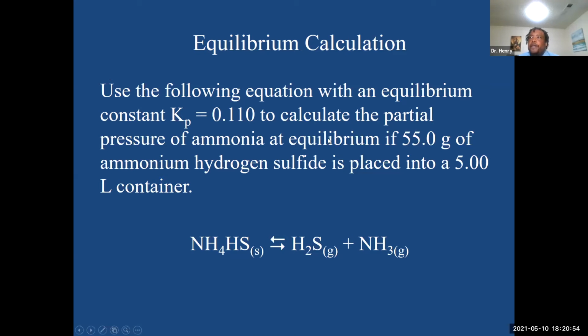So use the following equation with an equilibrium constant Kp equals 0.11 to calculate the partial pressures of ammonia at equilibrium if 55.0 grams of ammonium hydrogen sulfide is placed in a 5.0 liter container.